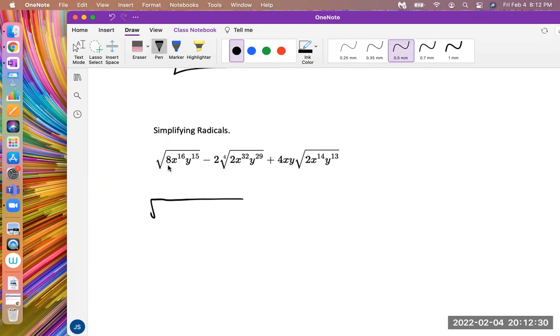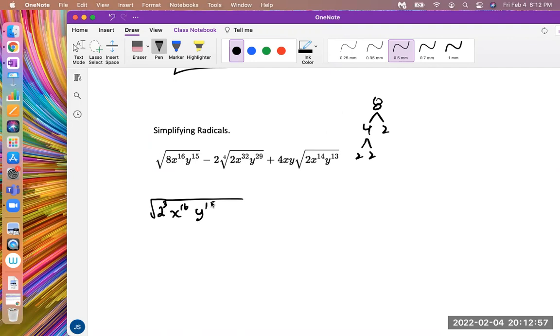By the way, 8 is actually the expression 2 to the third, right? Because if I prime factor 8, it's 4 times 2, which is 2 times 2. So it's best to write everything under the square root as its primes to the exponents that they are. So 8 is actually 2 to the third, and then x to the 16th, y to the 15th.